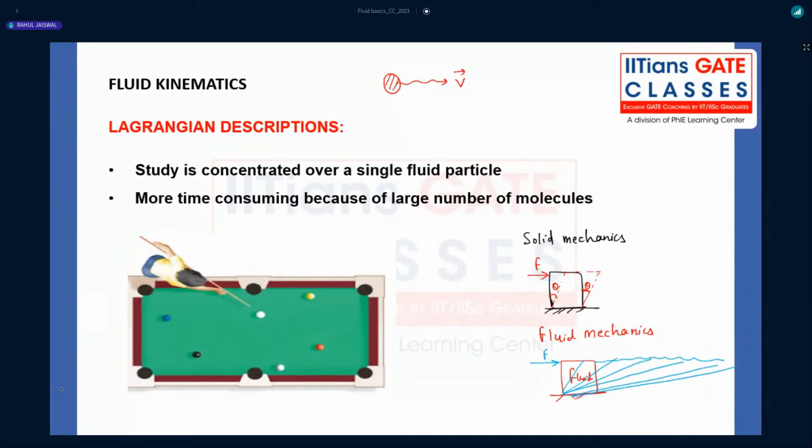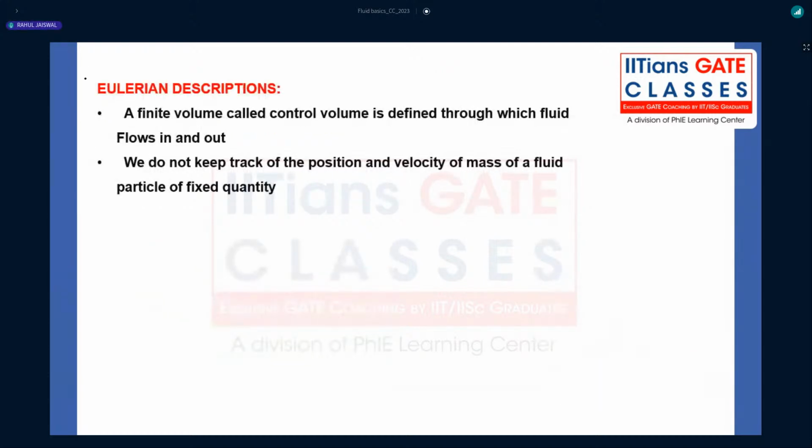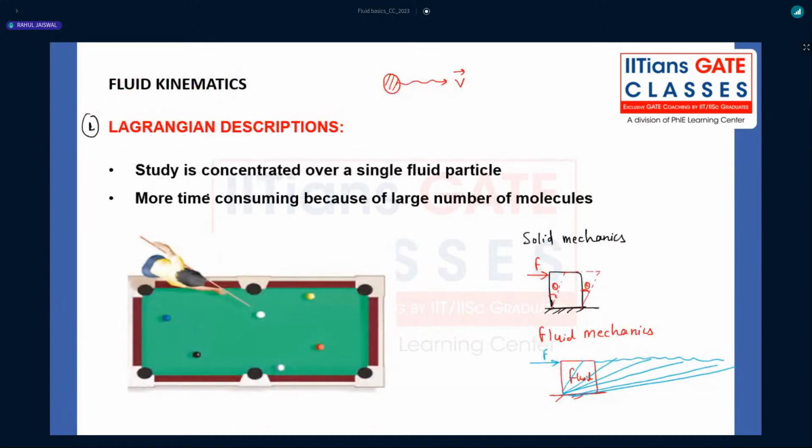Now we will try to understand the behavior of the fluid in two descriptions. One will be the Lagrangian description and the second one will be the Eulerian description. Those are the two descriptions by means of which we are going to study fluid kinematics, or maybe the whole of fluid mechanics.